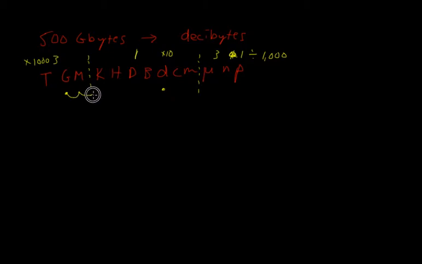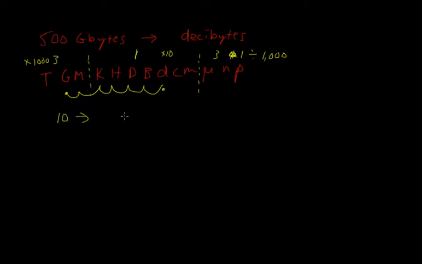And from M to K, that's an additional 3 spaces because I'm crossing this line. So from G to M is 3, from M to K is 3, so I've got a total of 6 spaces I'm moving. So now I'm going to count by 1 because I'm inside. So once again, that's 3, 6, 7, 8, 9, 10. So this means I'm going to move 10 places to the right.